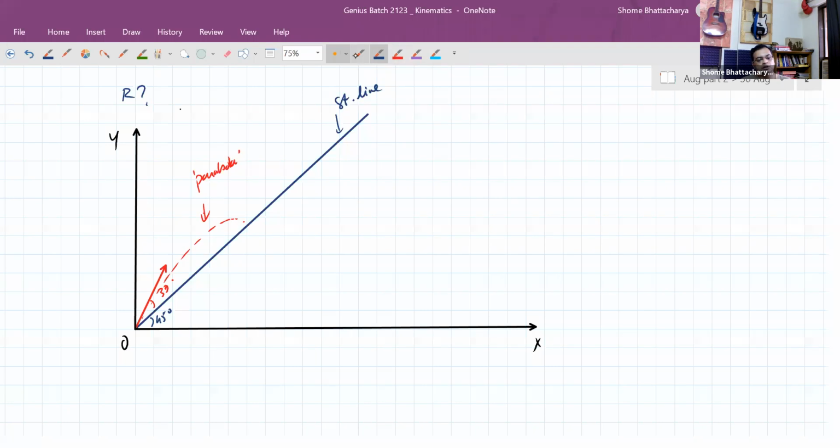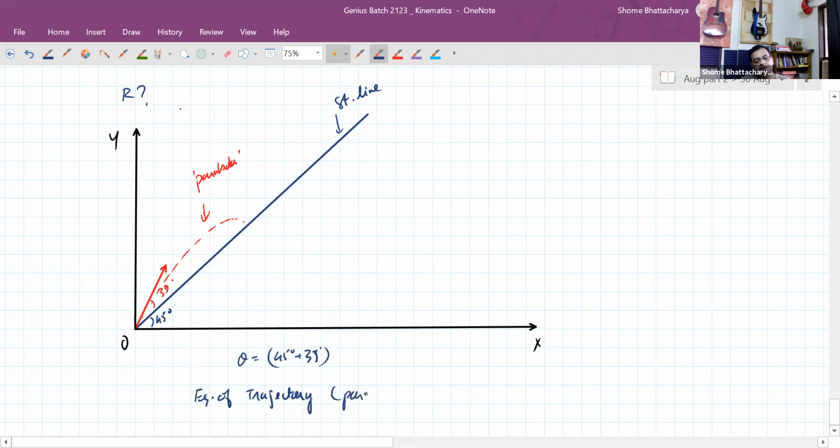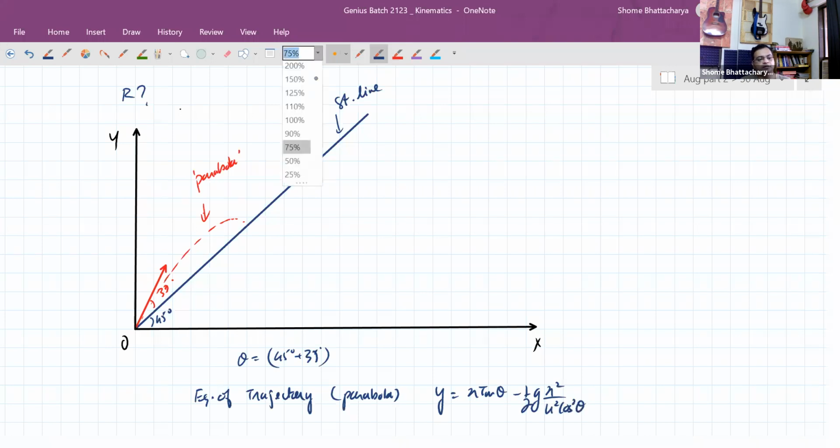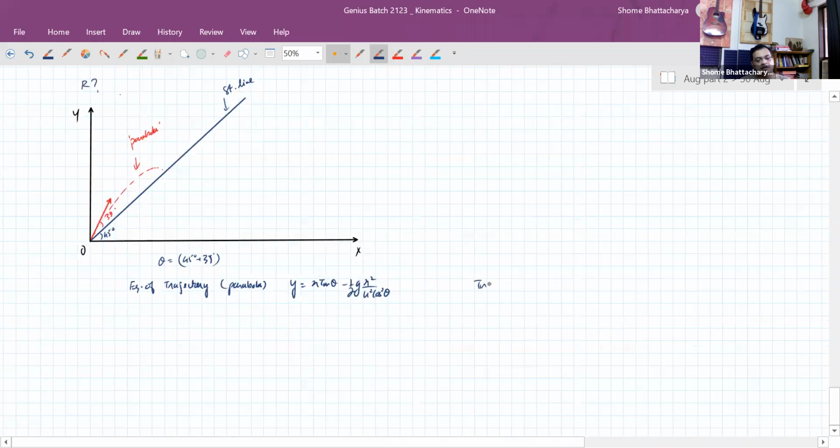So for the equation of the parabola, you can see now theta with respect to the x-axis is 45 plus 37. So the equation of the trajectory, which in my diagram is the parabola, is that y is equal to x tan theta minus half g x square upon u square cos square theta. So we'll have to use that tan theta is tan of 37 plus 45.